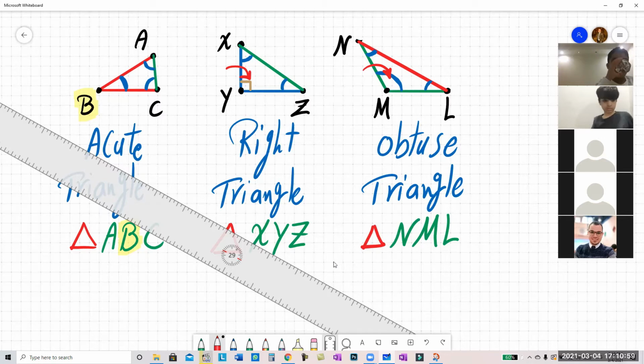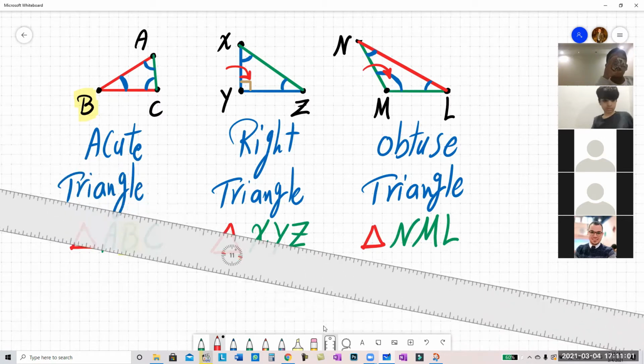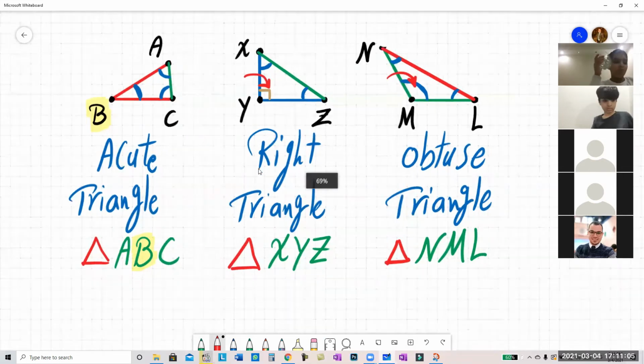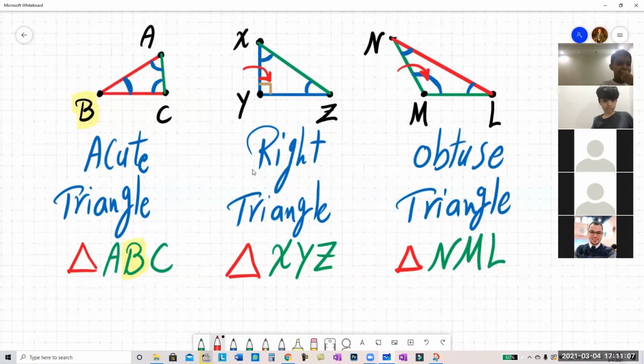So we have three types of triangle according to its angles. So if you don't know about angles, you can't identify the type of triangle. So the most important thing is to study the previous lesson about the types of angles, then you can understand this lesson. It will be so easy for you if you understand the types of angles.